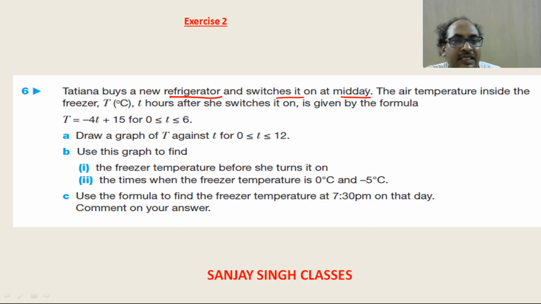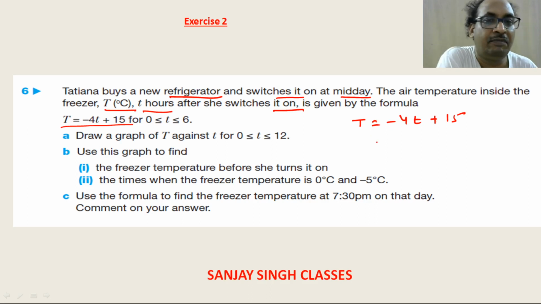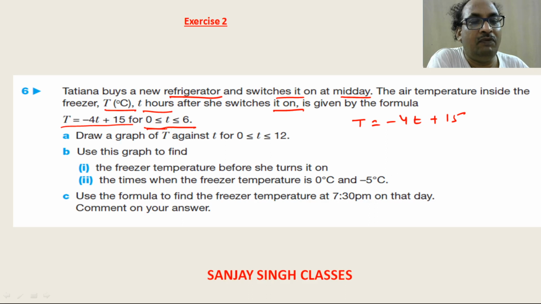The air temperature inside the freezer, T in degrees centigrade, and time t in hours after she switches it on, is given by this formula: T is equal to minus 4t plus 15, where t is in hours, temperature is in degrees Celsius, and t lies between 0 and 6, maximum 6 hours.